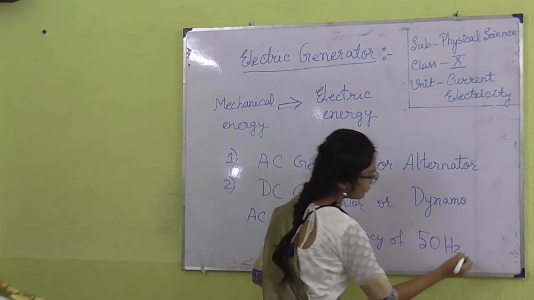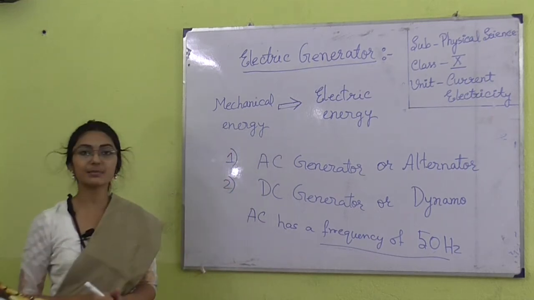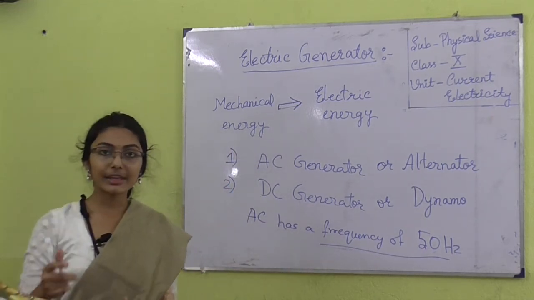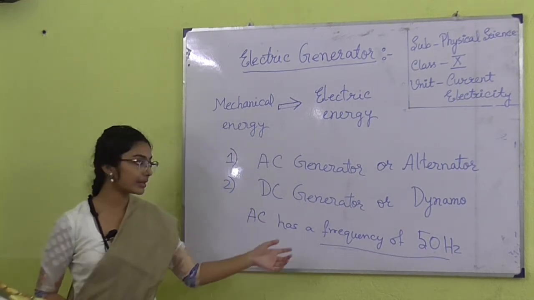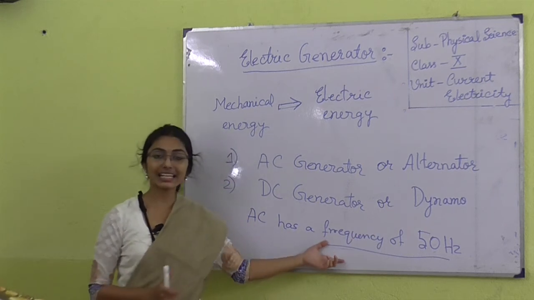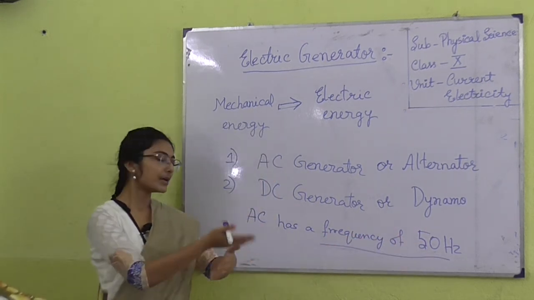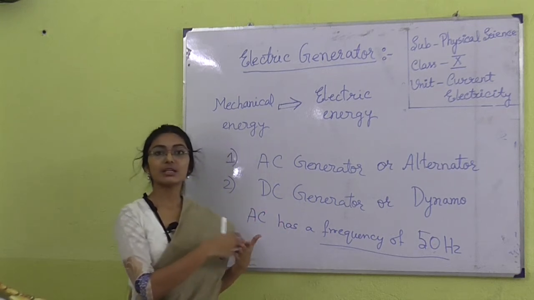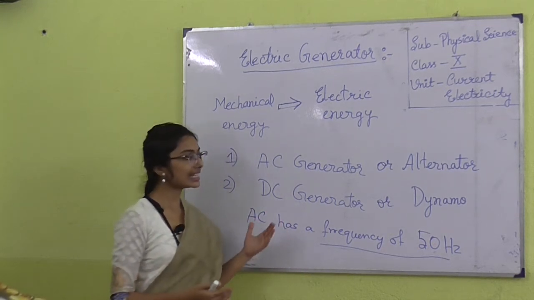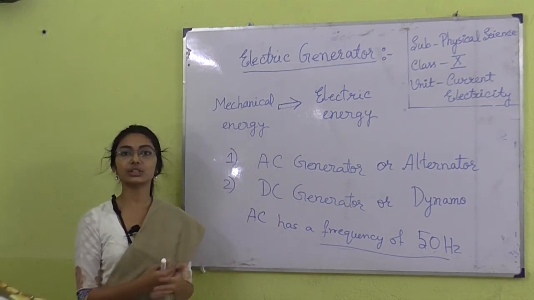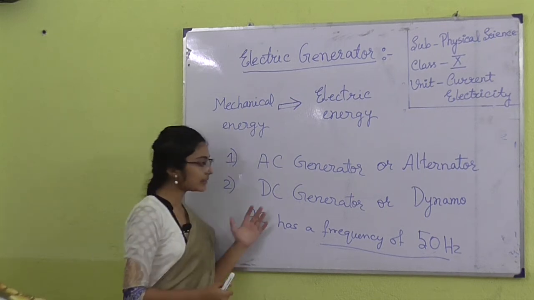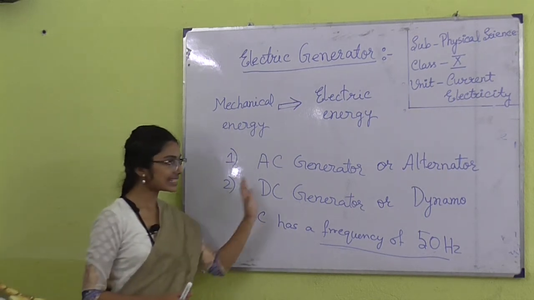Frequency of 50 Hertz means the revolution per second is 50, so it is revolving 50 times per second, with the direction also reversing. Okay, so this is the way of an AC generator.